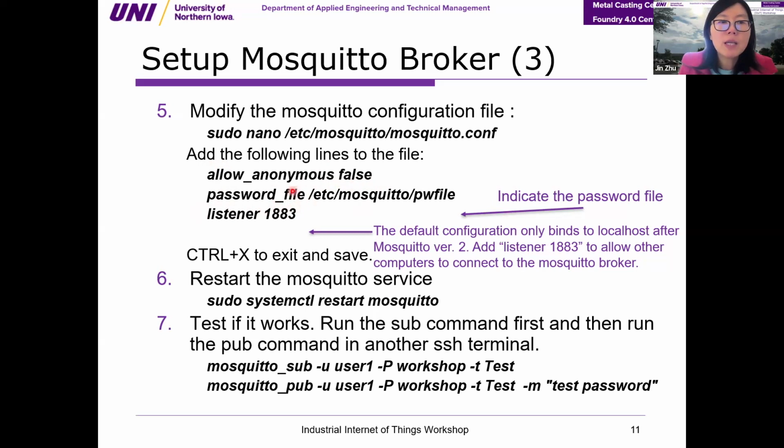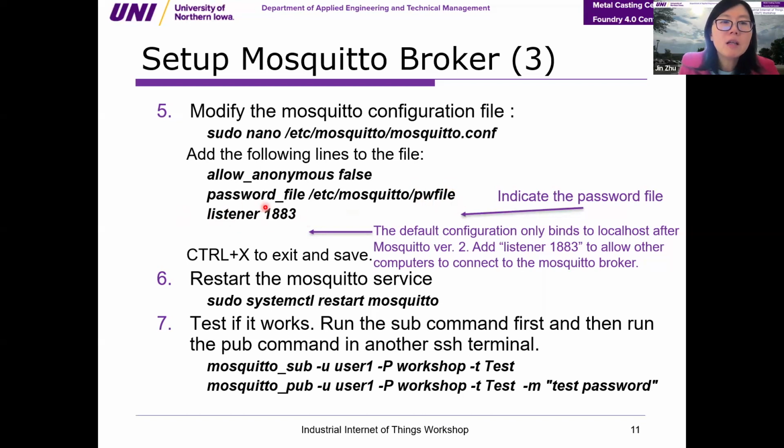Then the second one just defines where the password file is. The file name doesn't have to be pwfile, just whatever file name you used. In this example, I just used pwfile, but you could use other names.